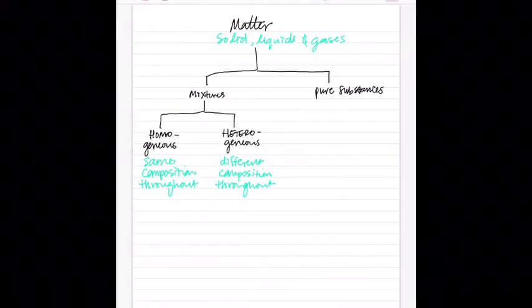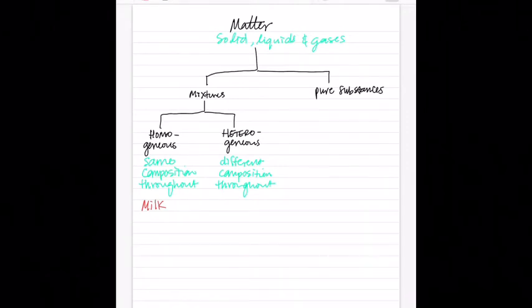So a homogeneous mixture, an example of a homogeneous mixture would be milk. Now, you're like, wait a minute, Miss Smith. Milk is not a mixture. Actually, it is. Milk has actually several different things in there. It's got fat suspended in the milk itself. So that is a mixture. But the milk, you can't really pull the fat out of there. It's got the same consistency throughout it.